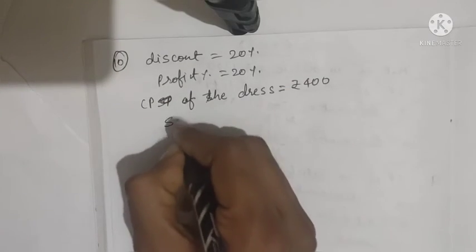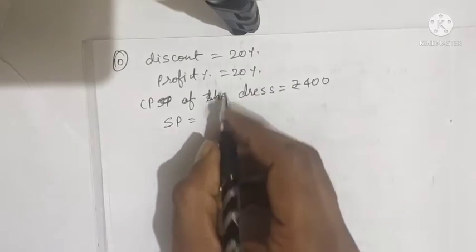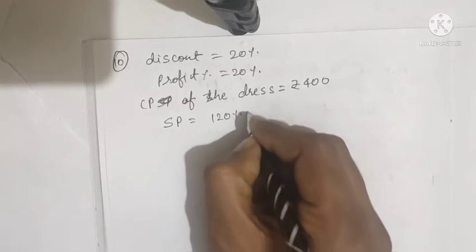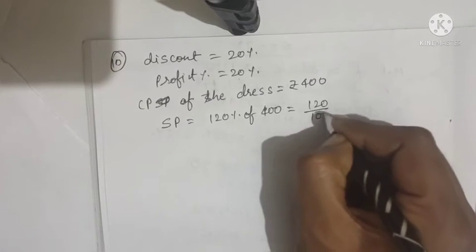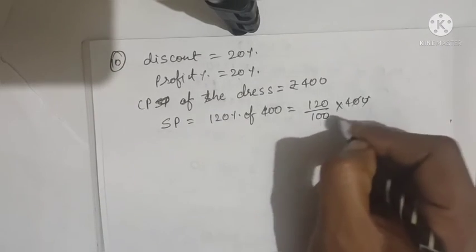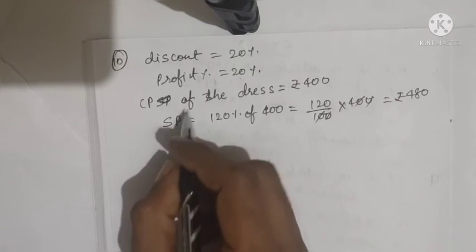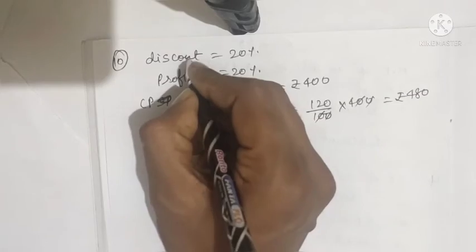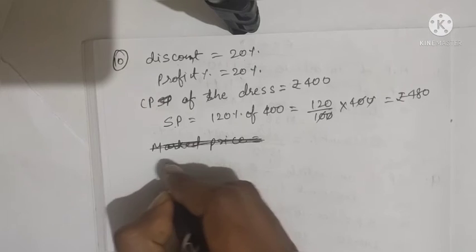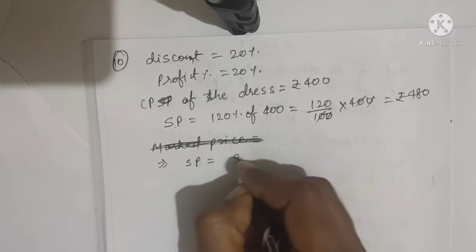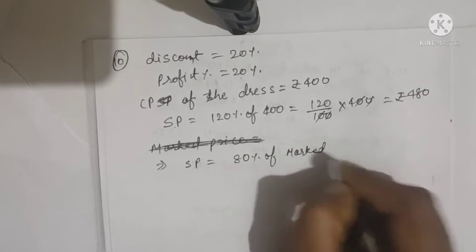Now selling price will be equal to 120% of cost price, because profit is 20%. So it will be 120% of 400, which is 120 by 100 into 400. This will be rupees 480. Now as we know that discount is 20%, selling price will be 80% of the marked price.